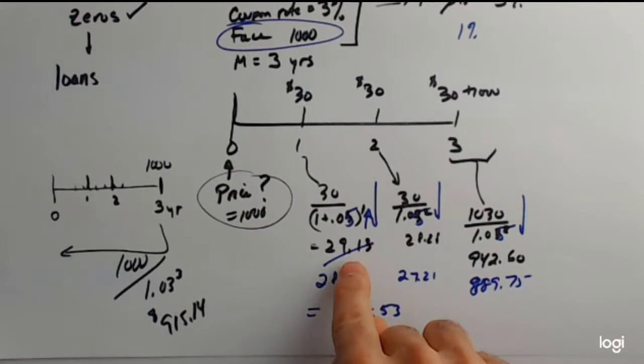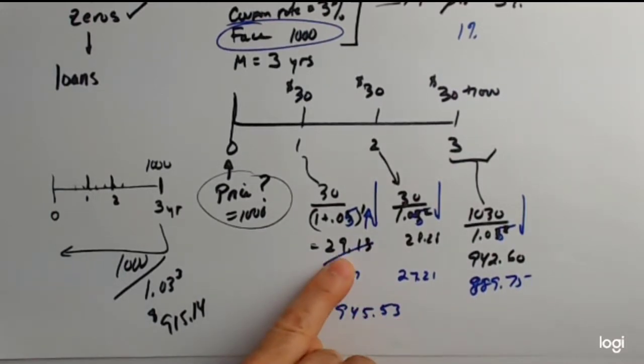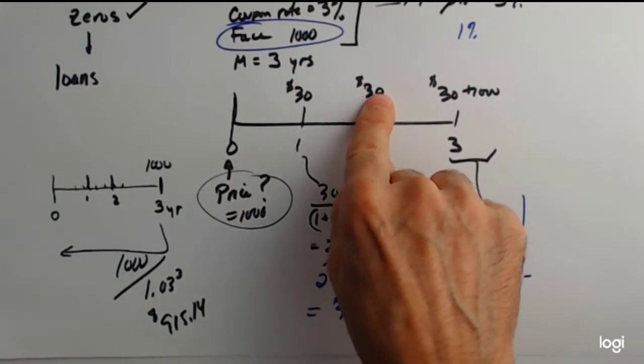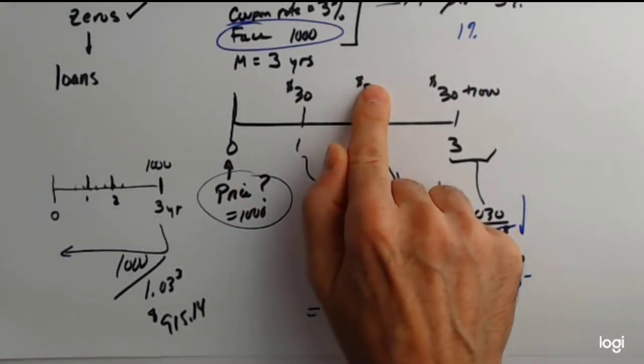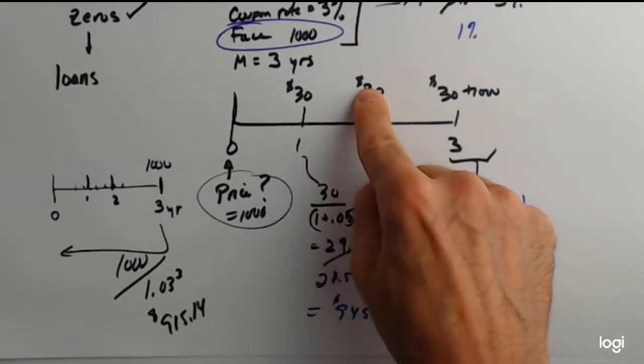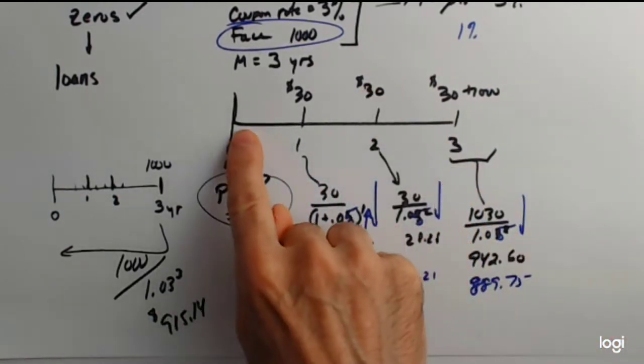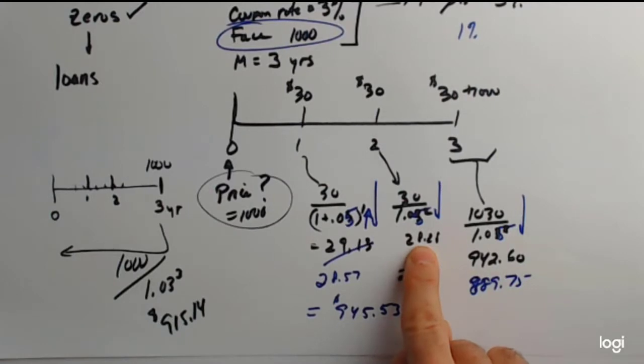What's it worth? Well, with a 3% rate, it was worth $29.13. You can get a zero coupon bond that pays off in 2 years, no cash flow here, just one bond that pays off $30 in 2 years from now. What is it worth today? At time zero, it would be worth $28.28, and so on.